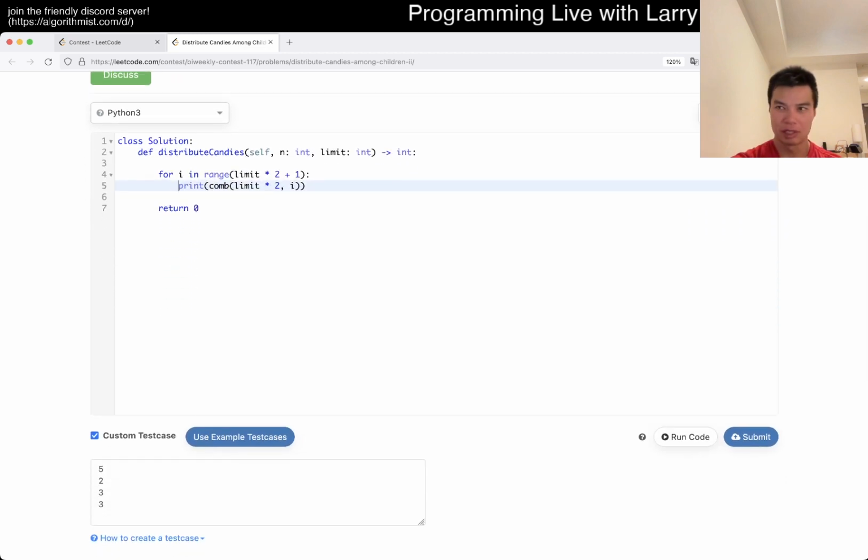Okay. So then now, basically this formula, if you will, should be min of limit, something like that, right?